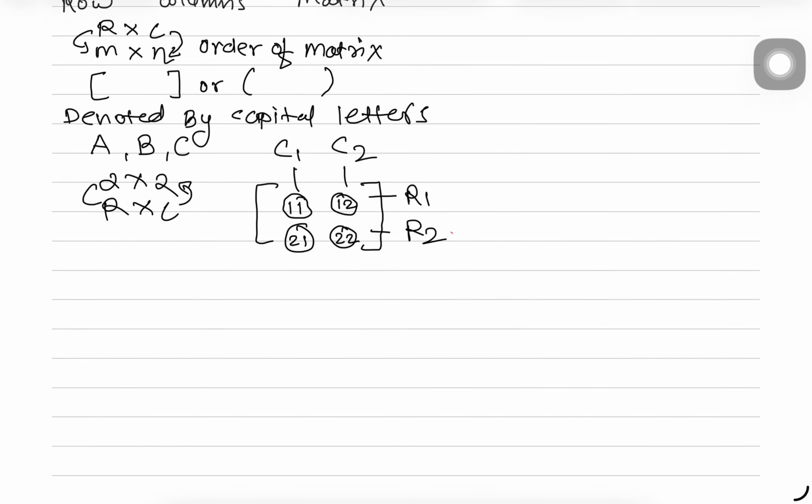Same if we take another example, say 3 cross 2. We represent R cross C, this is the number of rows and this is the number of columns. So we draw the elements like this.